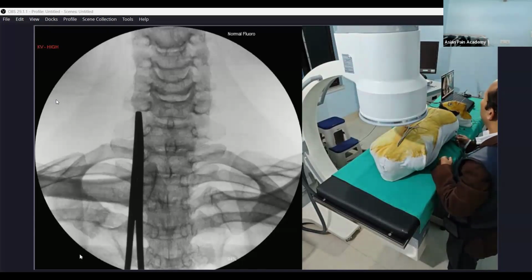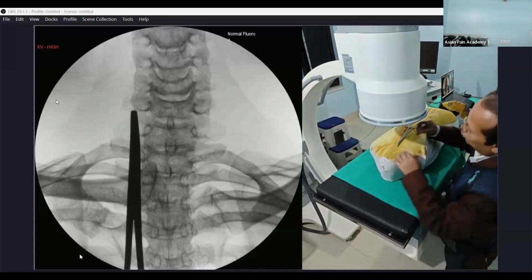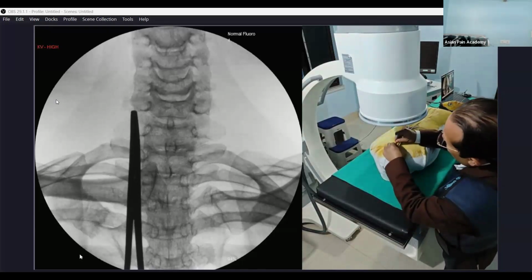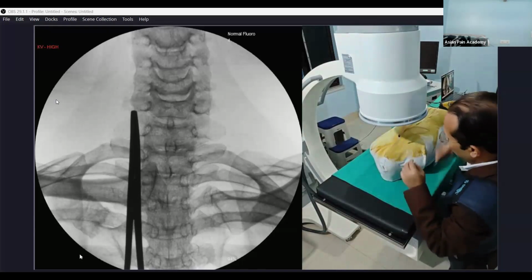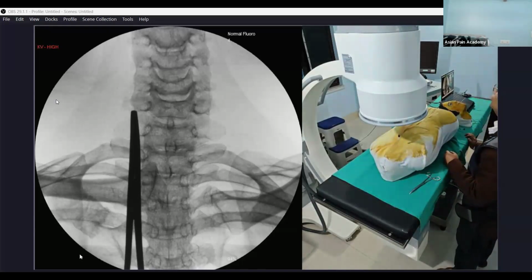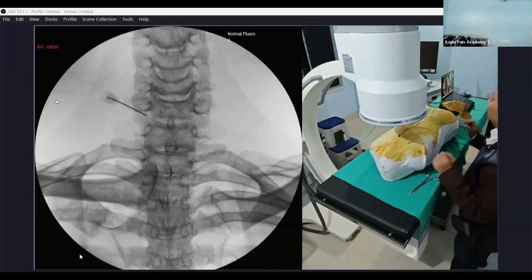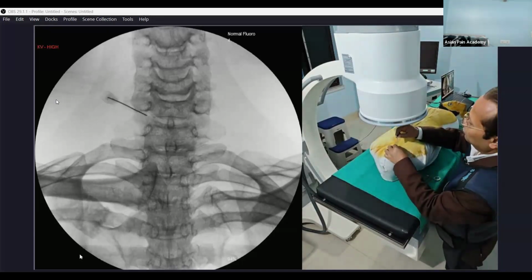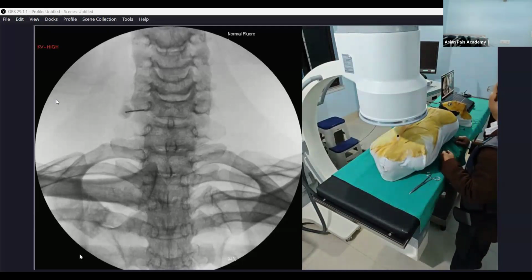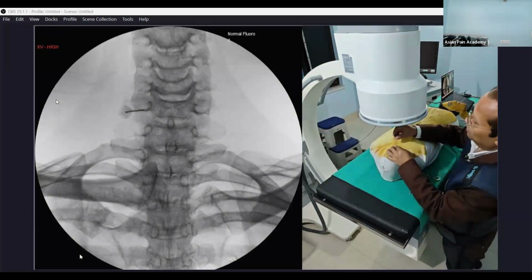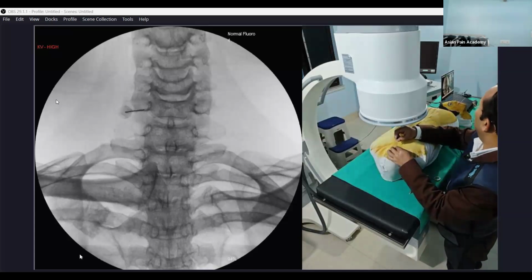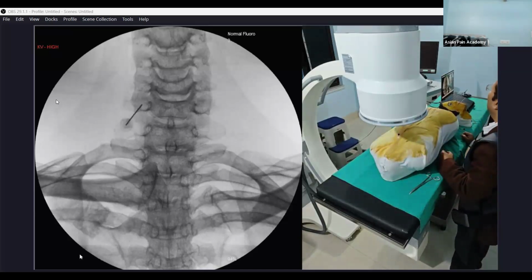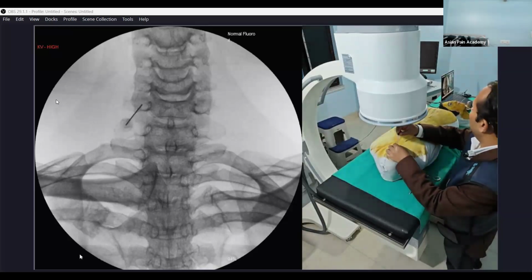I will put the needle straight and keep my needle tip towards the medial side. I just want to hit the lamina. Not the lamina, I just want to hit the articular pillar.